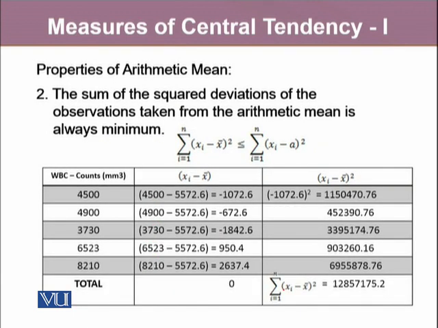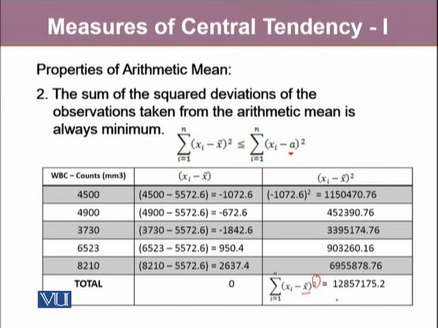Moreover, the sum of the squared deviations of the observations taken from the arithmetic mean is always going to be minimum. If we take any other value which is not the arithmetic mean and take the deviations from each observation, this sum is definitely going to be higher. Over here, if we square the deviations of the observations, the value is going to be 12,857,175.2.